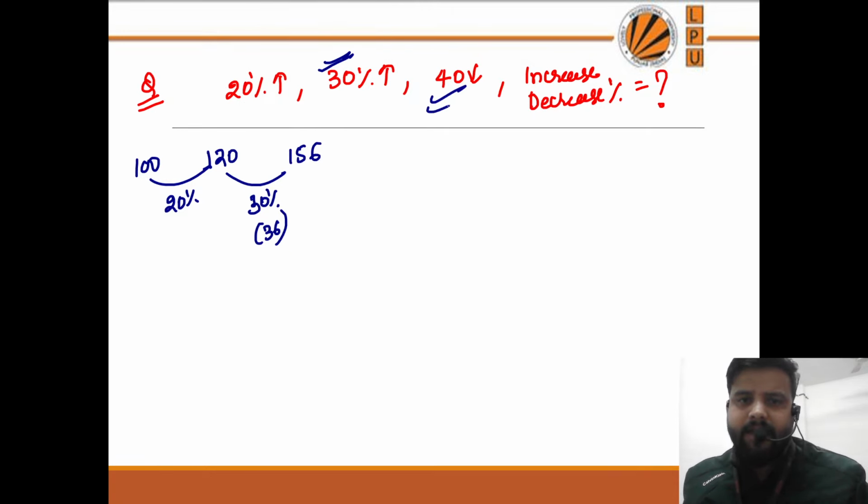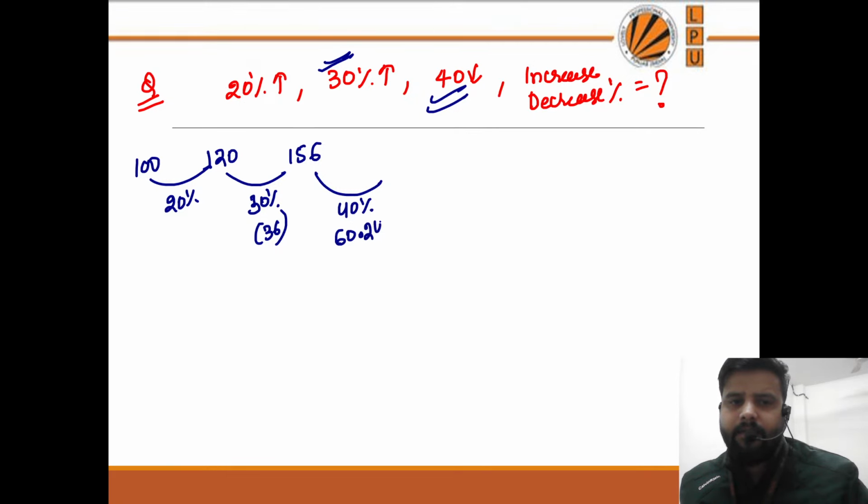Now it is decreasing by 40%. So 40% of this you have to calculate. Getting it? It is 60.24.